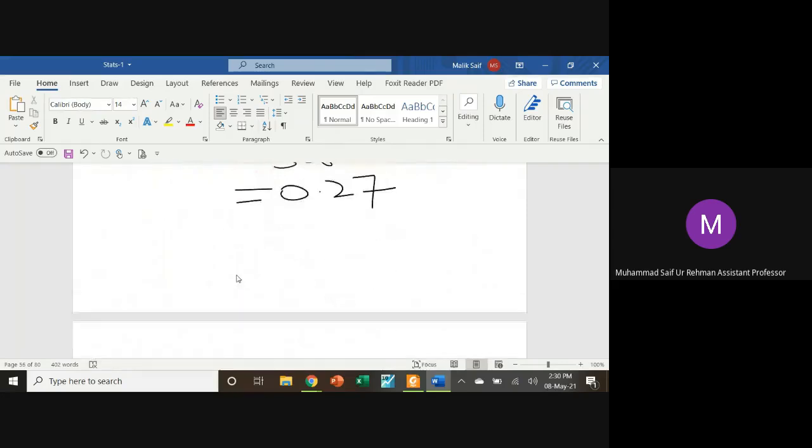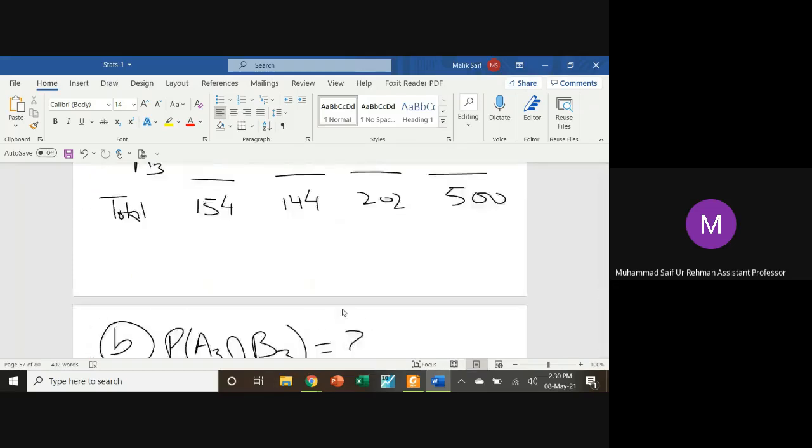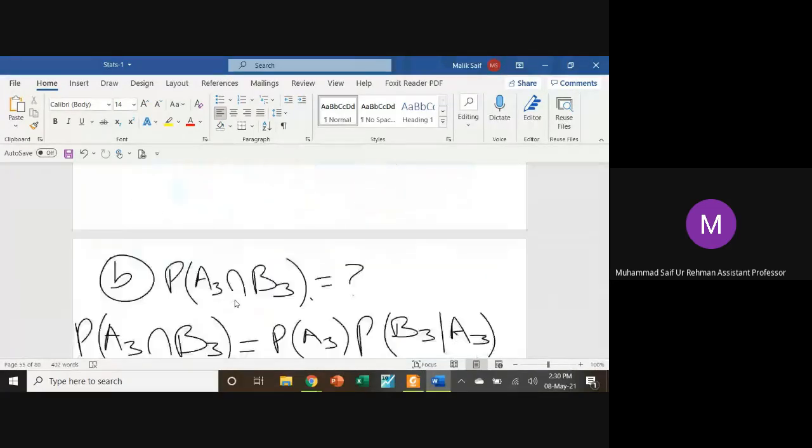First I'm going to take three stems, let's say this is the situation. The first stem is A1, or you may write below average, average, and above average instead of A1.